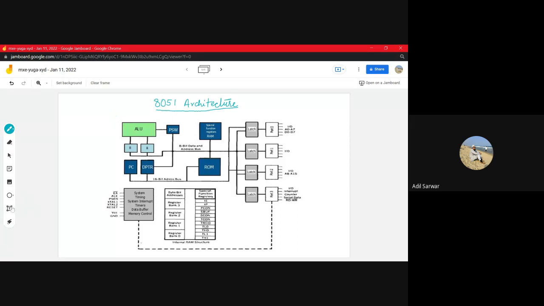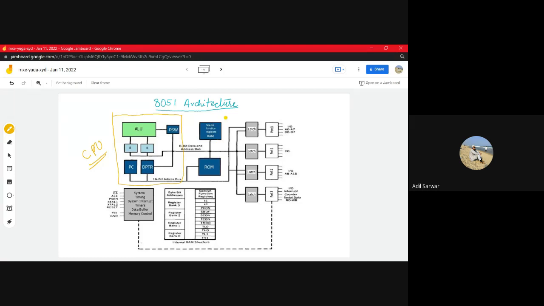So this part, let me call it part A. Let me take a different color. Okay, so this part is your CPU, where all the instructions are executed.